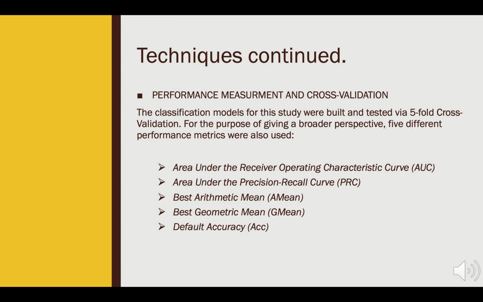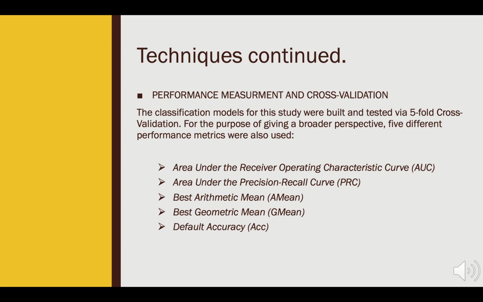Techniques continued. Performance measurement and cross-validation. The classification models for this study were built and tested via 5-fold cross-validation. For the purpose of giving a broader perspective, 5 different performance metrics were also used: Area under the receiver operating characteristic curve, also known as AUC.